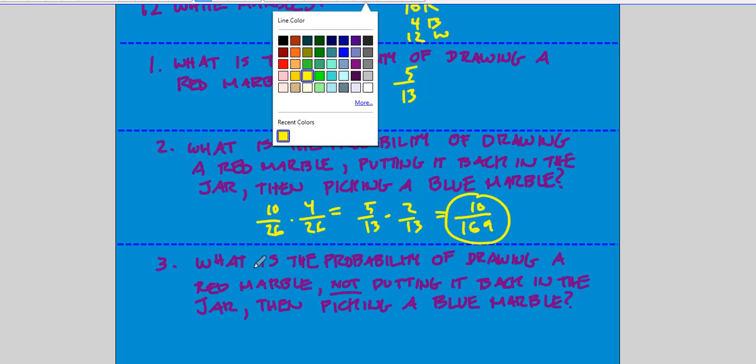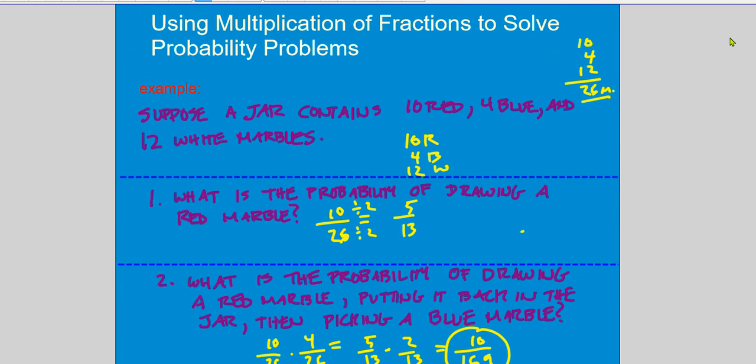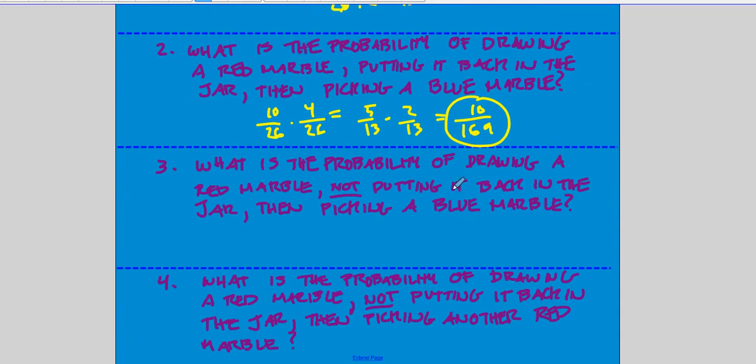Alright, so now question 3. What is the probability of drawing a red marble, not putting it back in the jar, then picking a blue marble? So if you remember, there were 10 red marbles, so we're starting with 26 in the jar, so probability of red is 10 out of 26.